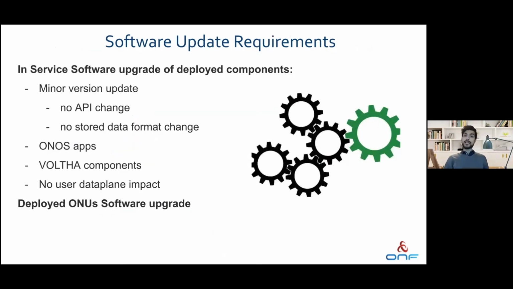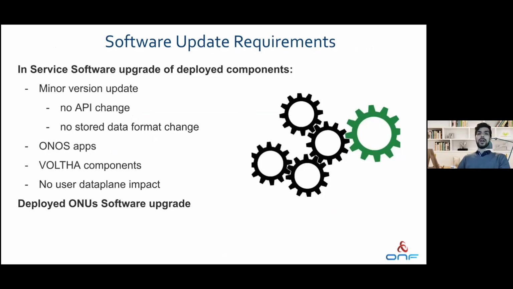So based on the production deployments, one of the key requirements that the operator had for 2.7 was software update. The idea was that we need to achieve software update while in service. So we cannot turn off the data path of a customer for minor bug fixes to the platform.